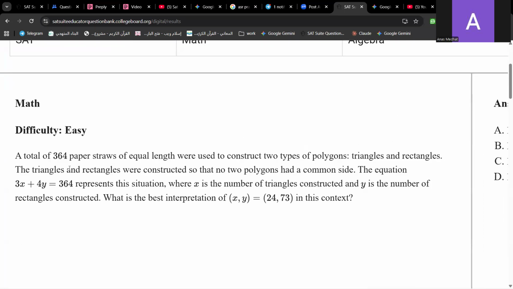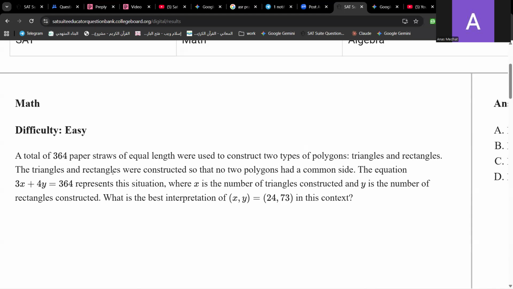A total of 364 rods of equal length were used to construct two types of polygons, triangles and rectangles. The triangles and rectangles were constructed so that no two polygons had a common side. The equation 3x plus 4y represents this situation, where x is the number of triangles constructed and y is the number of rectangles constructed.